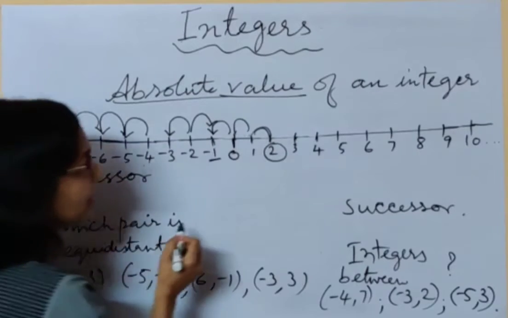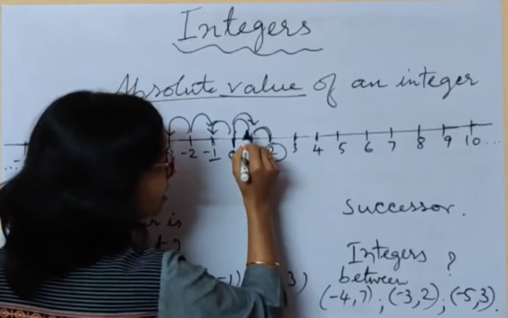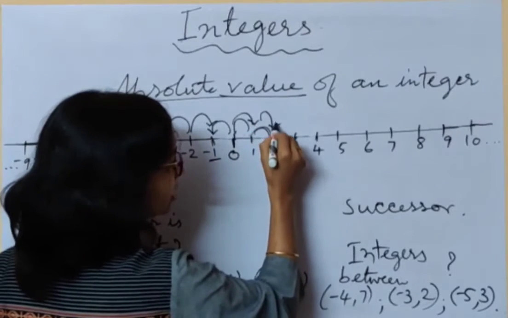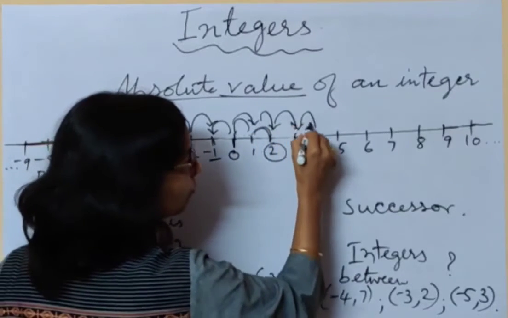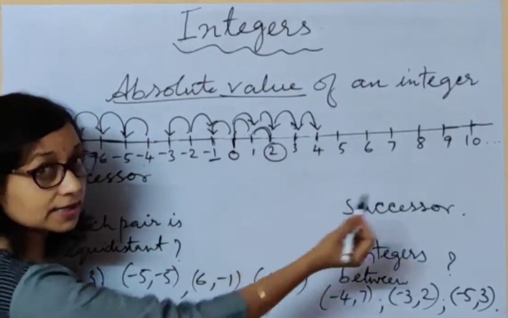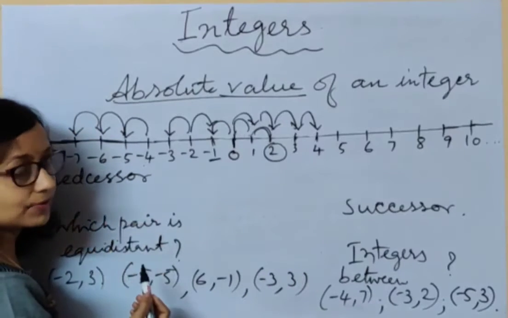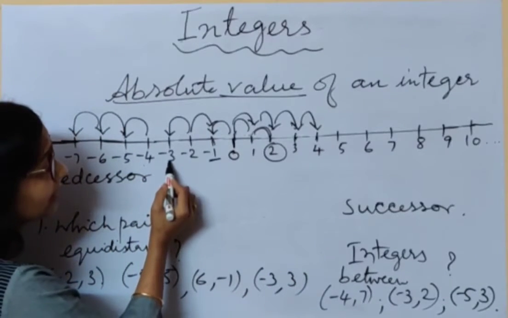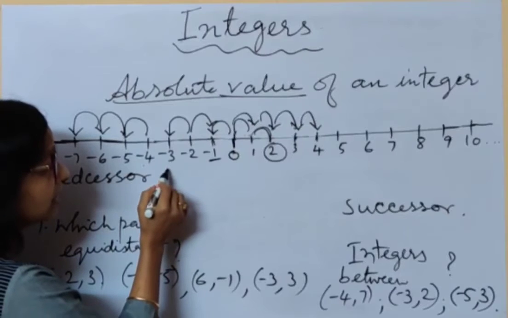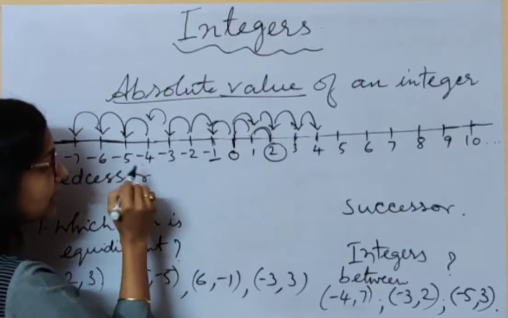In the same way, the successor of 0 is 1, successor of 1 is 2, successor of 2 is 3, successor of 3 is 4. So the successor goes to the right. We always get the successor on the right and the predecessor on the left. Even if we take minus 3, the predecessor of minus 3 is minus 4.